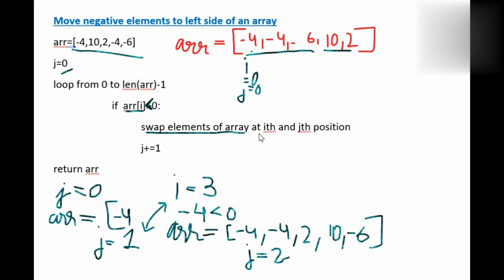Now check I equals to 4. The value at the 4th element is also negative. So I equals to 4.